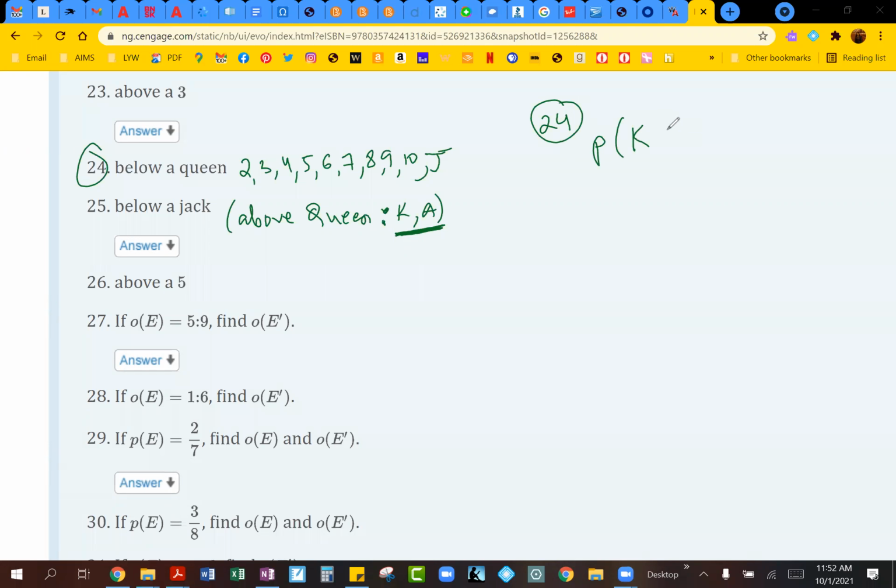How do I want to write this? Well, actually, I just realized something. Since this was below a queen, which means we're not actually including the queen in here. So for the above, we should actually include the queen as part of our calculation, because otherwise that gets left behind.